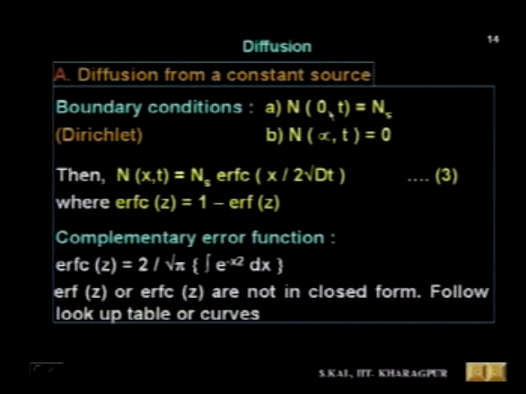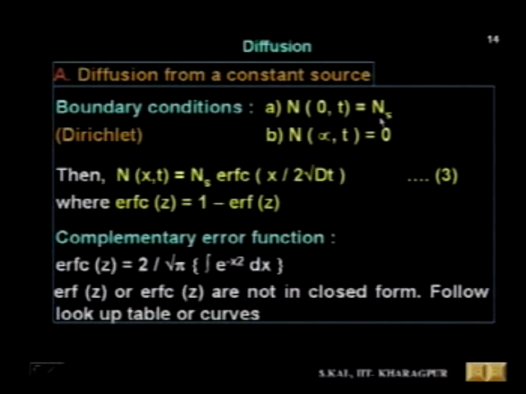First, at x equal to 0, that means at the surface, for any time t after the diffusion process starts, at any length of time, N(0,t) is equal to Ns. Ns is the surface concentration. That is the constant source diffusion.